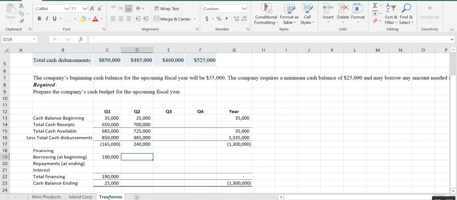So at the end of this quarter, we're going to pay back, or subtract out, the 190,000 principal, which is what we borrowed, and then we're going to calculate the rate, which is 5% times the principal of 190,000, and factor it for the period of time we actually have it.